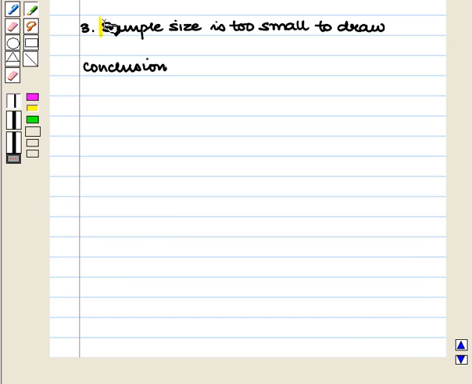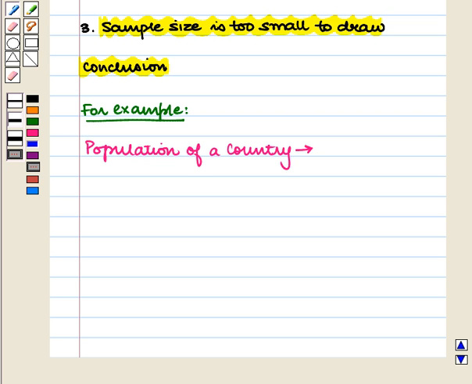Third, the sample size is too small to draw a conclusion. For example, a country has a population of 2,500,000 people.